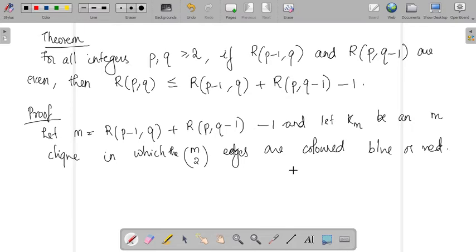The graph is colored randomly with two colors, blue or red. Now let us use the pigeonhole principle here. So therefore it is in the form k1 plus k2 minus 2, minus 1. So we can use the generalized pigeonhole principle here. Okay.